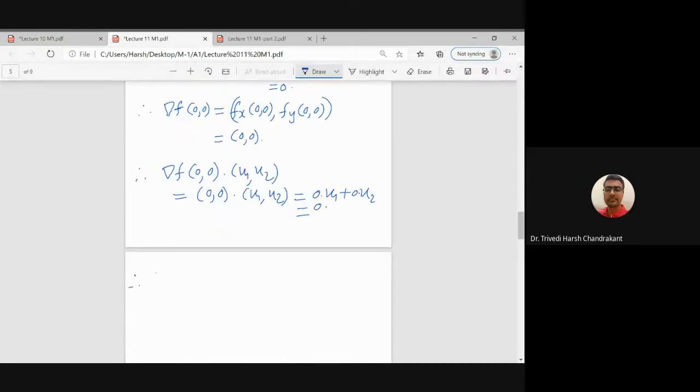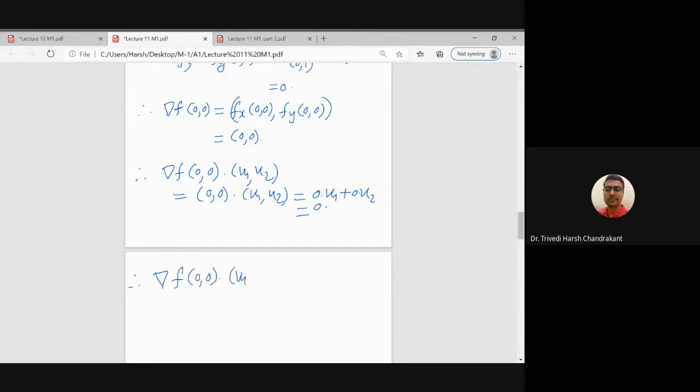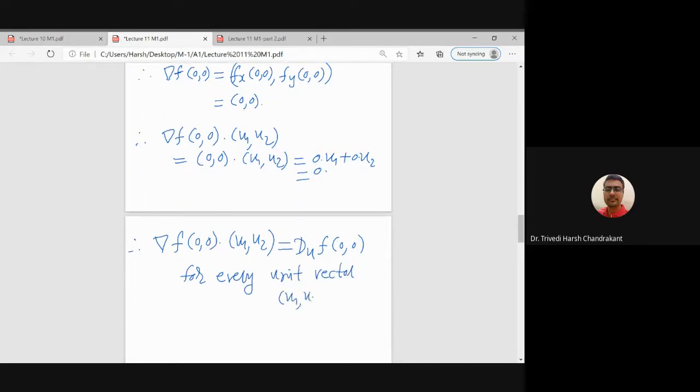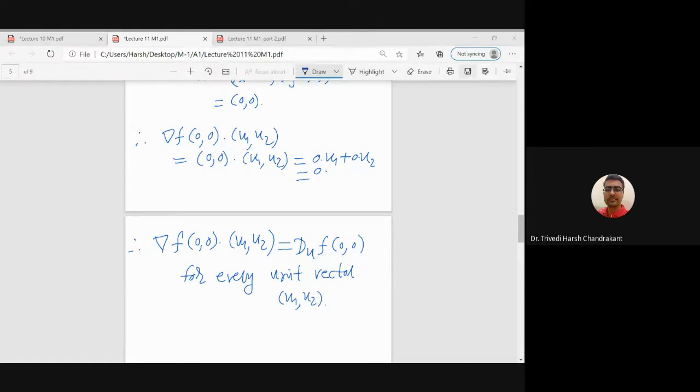So therefore, the gradient of f at (0, 0) times (u1, u2) is equal to the directional derivative D_u f at origin for every unit vector (u1, u2), right?